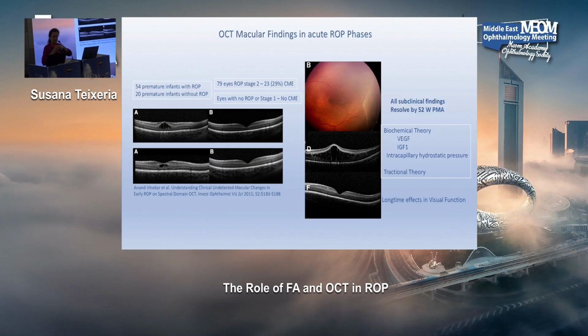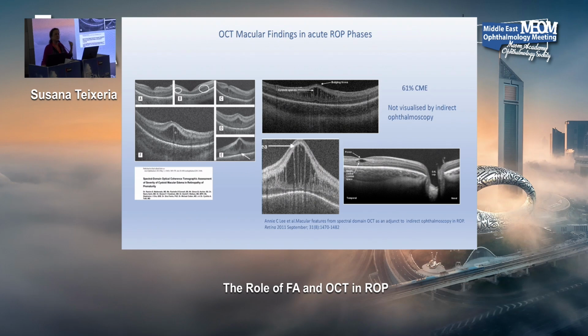It can be that the eye is stretching so much that the retina is contracted by the vitreous, or it can be some kind of sign of inflammation, because in most of the eyes there is a connection between the presence of this sign in the OCT and the development of type 1 ROP.